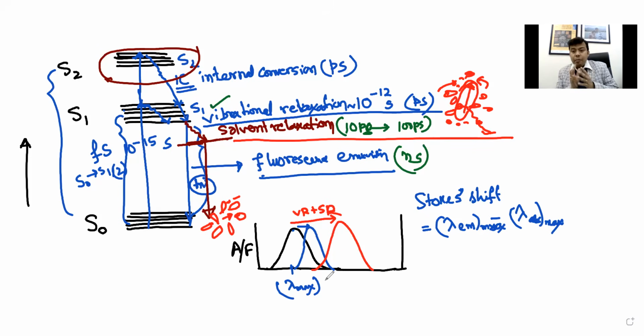Now this is a very important parameter when you are doing fluorescence spectroscopy, even microscopy, and this is basically the most important thing in fluorescence. So let me also tell you something about what you call the fluorescence quantum yield, which is basically the efficiency of fluorescence.